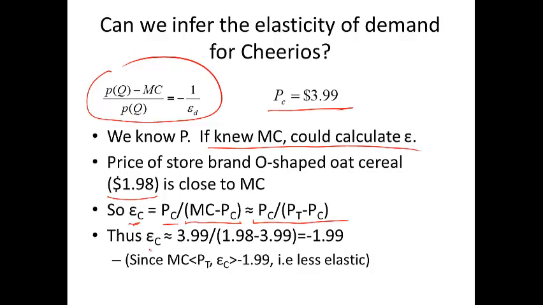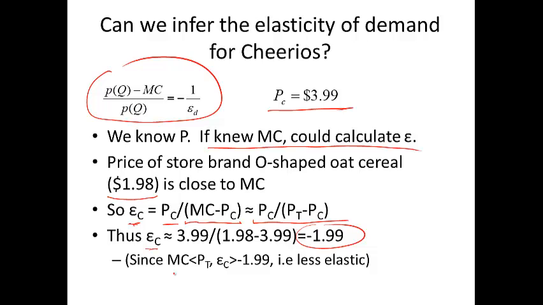And so we'd solve that as epsilon c, or the elasticity of demand, equals 3.99 divided by the quantity 1.98 minus 3.99. The answer is minus 1.99. In other words, we're inferring that the elasticity of demand for Cheerios is roughly minus 2.